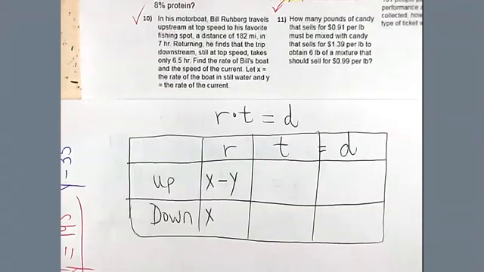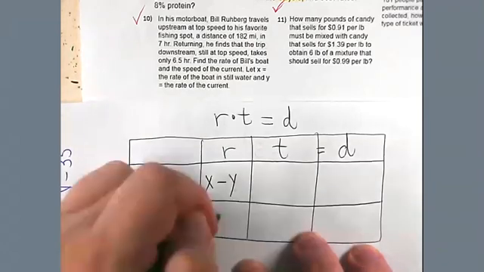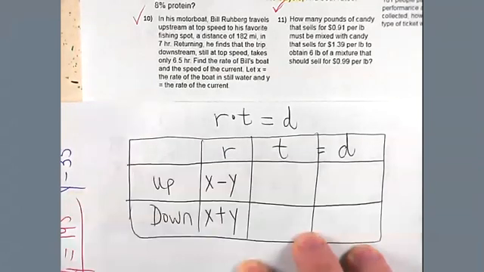On the way back, he's going downstream with the current, so that means he's gaining speed. We can represent that particular rate going downstream by x plus y.